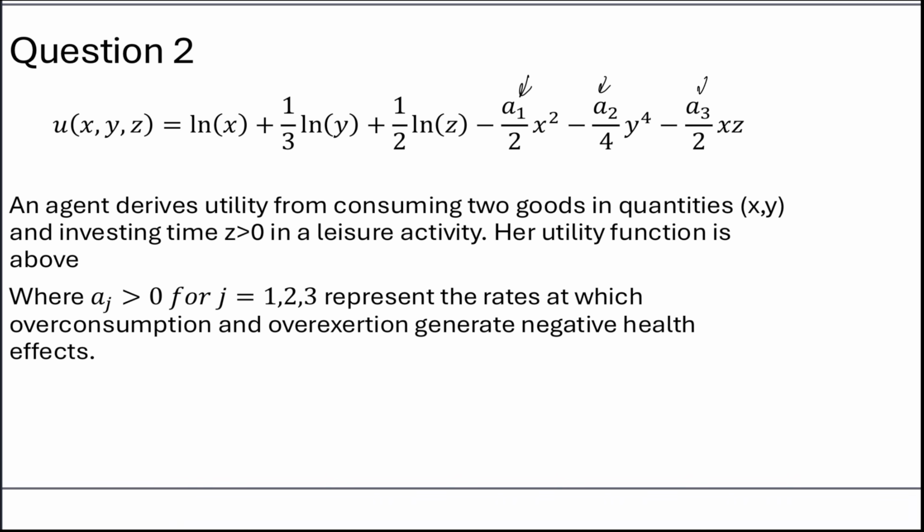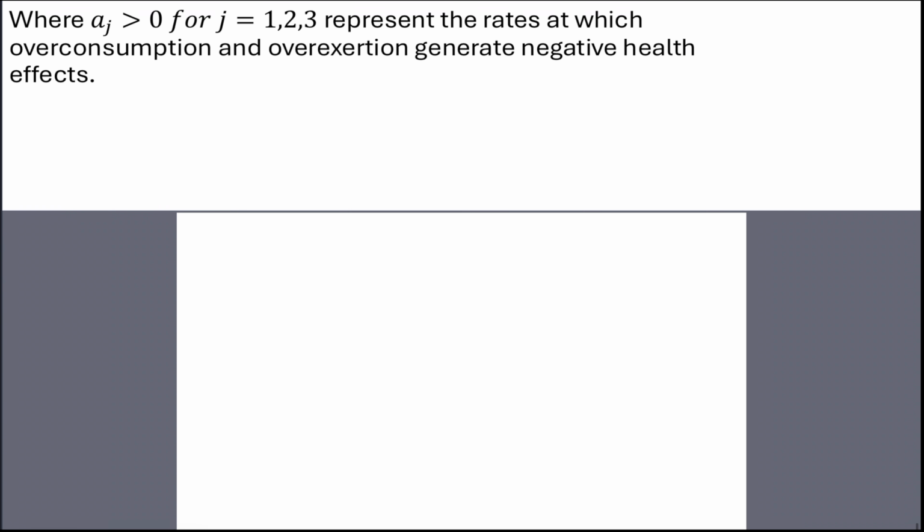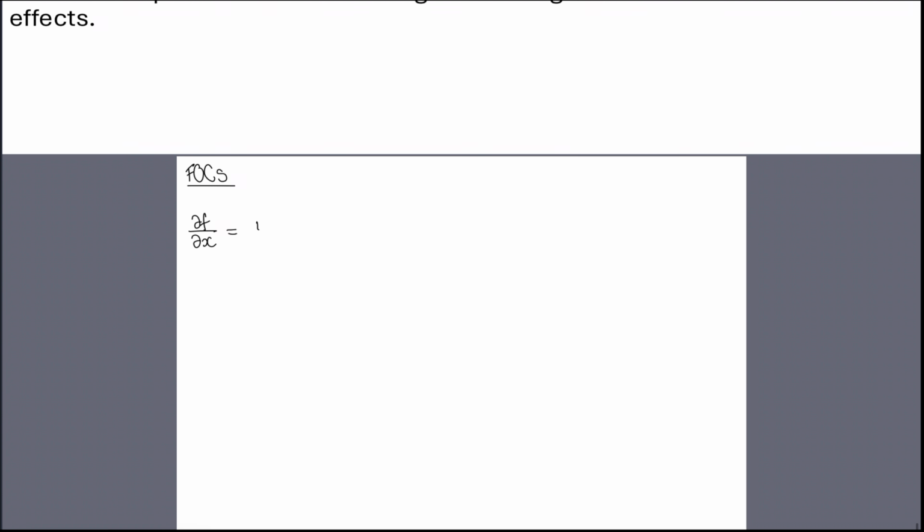So all of these are greater than 0, and they represent the rates at which overconsumption and overexertion generates a negative health effect. Cool. If we first, like always, find the first order conditions, we will differentiate with respect to x first, and so we get 1 over x plus minus a1 over 2 times 2x.